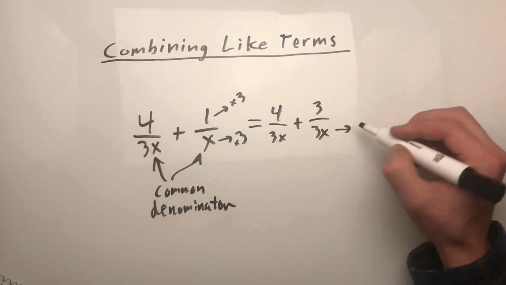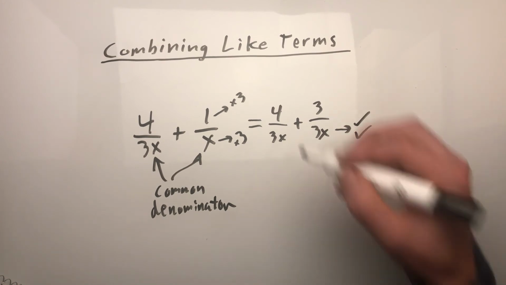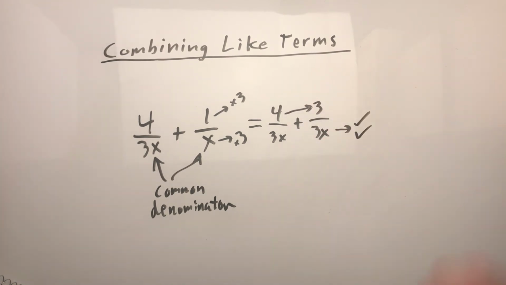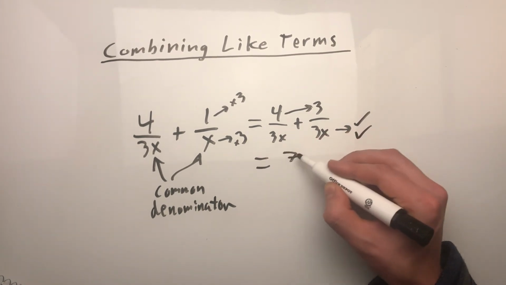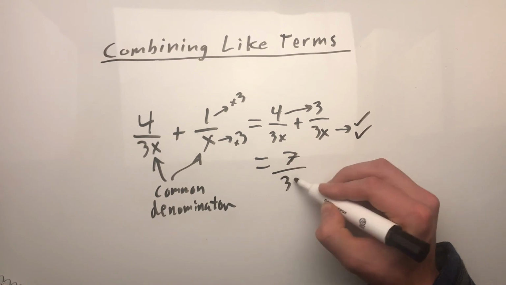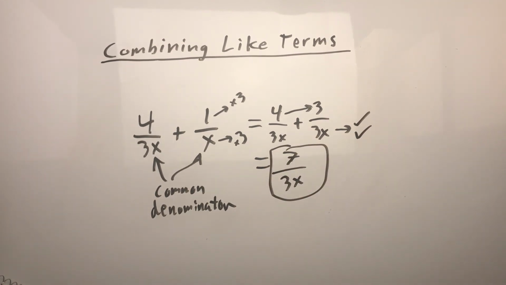Notice that these are now common denominators, which makes them like terms, which means that these two numerators can be added together. 4 plus 3 is 7 over 3x. And that is our final solution. We found common denominators, and using those as like terms, we were able to add the numerators.